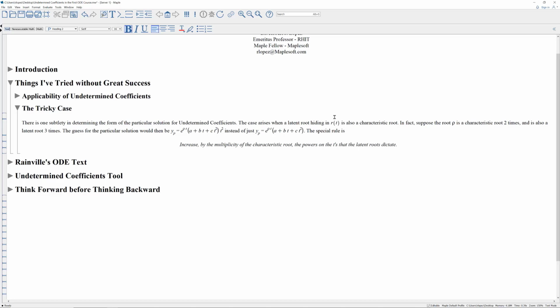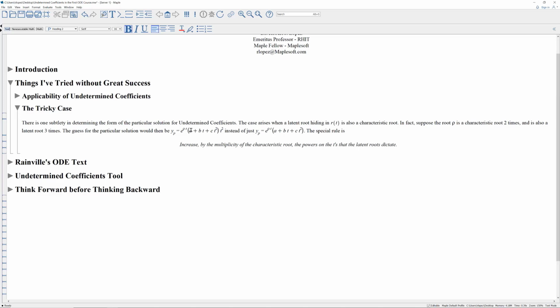So suppose the root rho is a characteristic root 2 times, and it's a latent root 3 times. What does that require for the guess template for the particular solution?